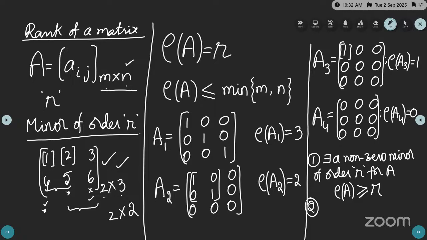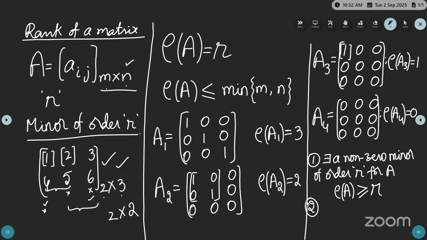All minors of order 3 are zeros, what is the rank? A4కి rank 0. Next, all minors of order 3 are zeros for A3, what is the rank? 3 కాదుగా, less than 3.